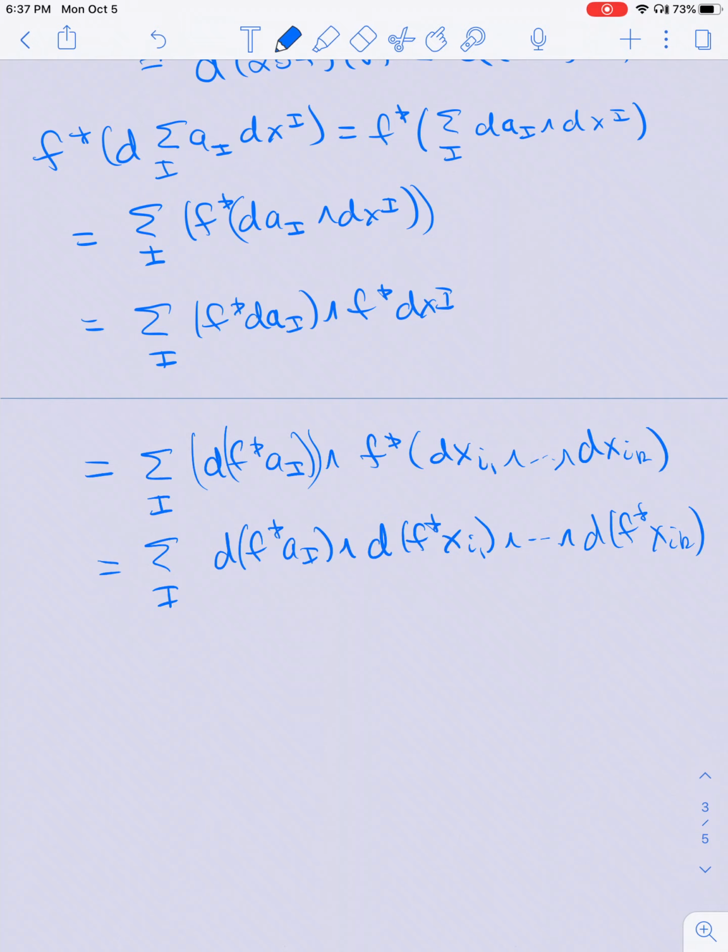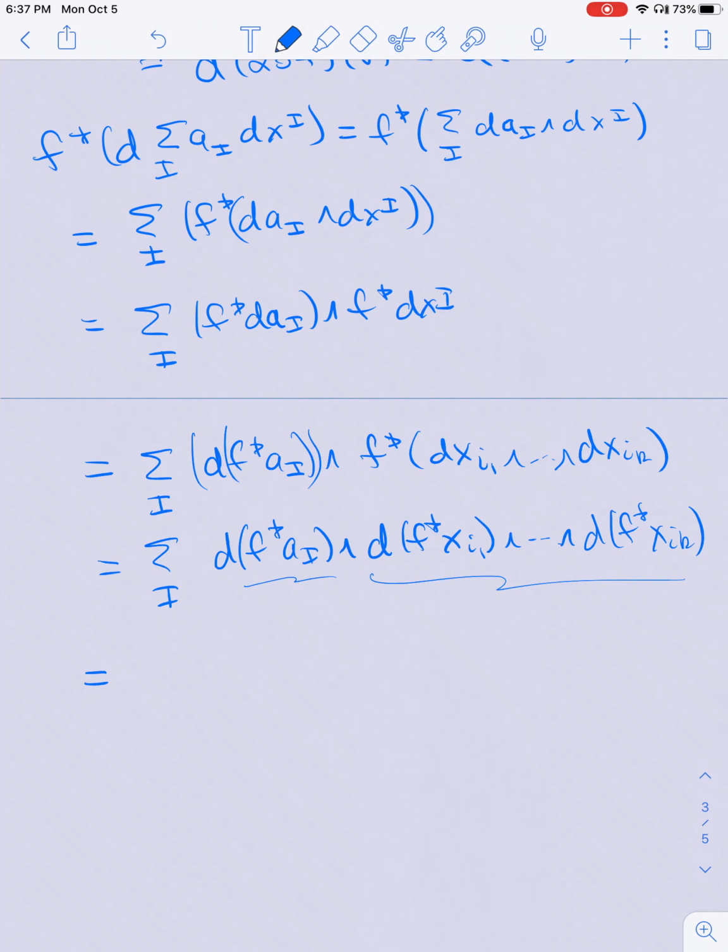And then this is exactly applying d to, right? So this is just f pullback of dx_I, and this is f pullback of a_I.